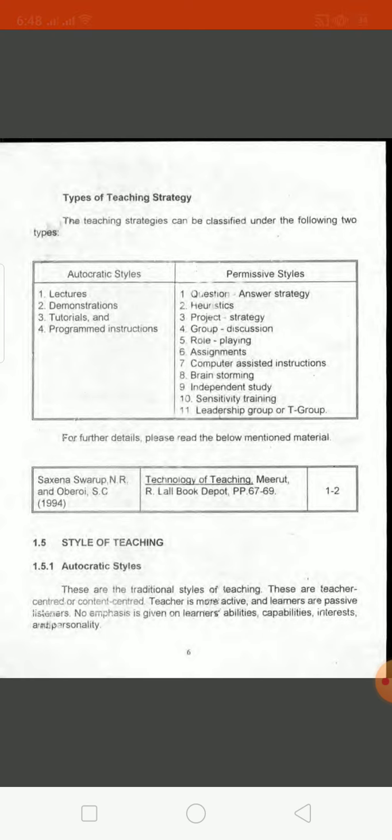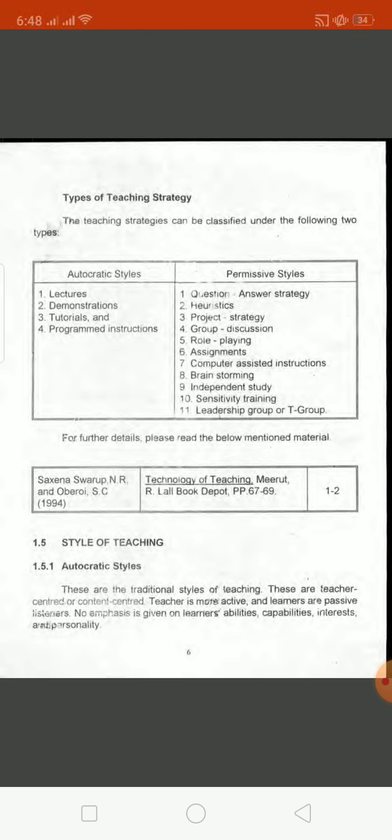So number one is lecture method, the other is demonstrations, in which the teacher is in the main role, but he practically does something in front of the students. Number three is tutorials. Tutorials are arranged for those students who are having challenges regarding their studies as well.